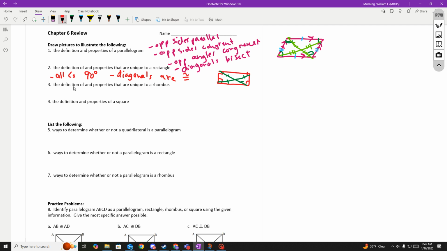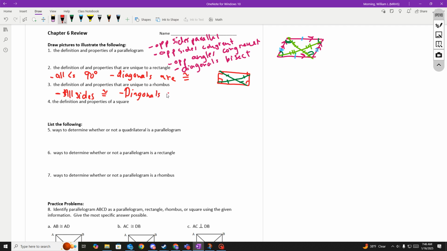Definition and properties that are unique to the rhombus. So the rhombus has a couple of unique properties as well. One of the unique properties of a rhombus is that all the sides are congruent. Another property of the rhombus is that the diagonals are perpendicular.